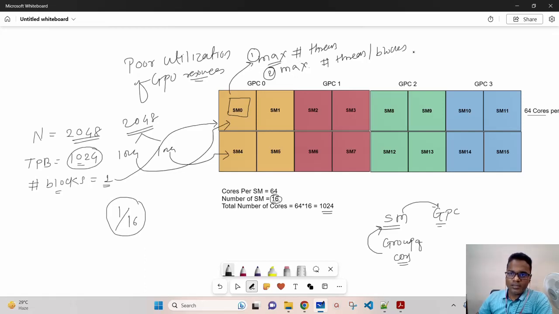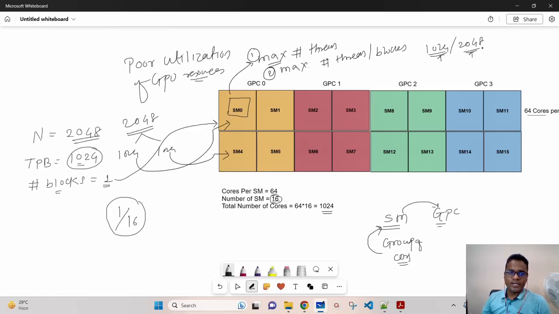Most probably on recent GPUs, the maximum number of threads per block is 1024, or perhaps in recent GPU architectures it could be 2048. That means the block size I decide while launching the kernel should not exceed 1024 or 2048, as specified under the architecture.